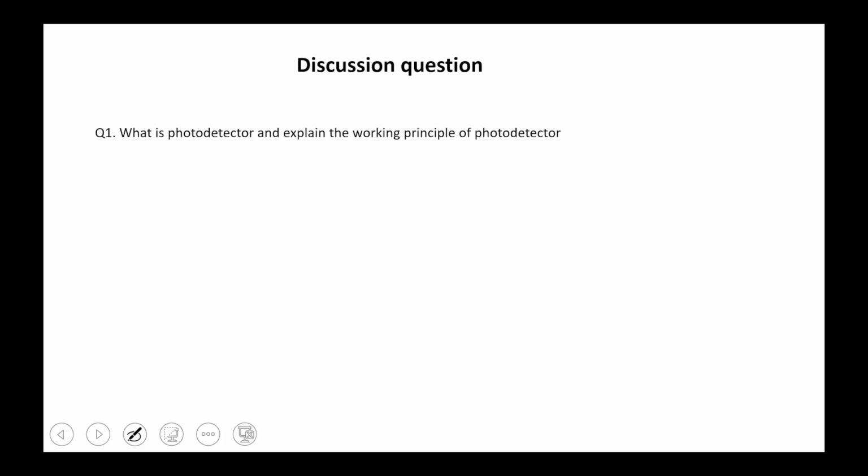Okay. So, working principle, will it work on forward bias or reverse bias? Reverse biased. Whatever the condition, the light will fall and it will be detected, that electrical condition is satisfied.